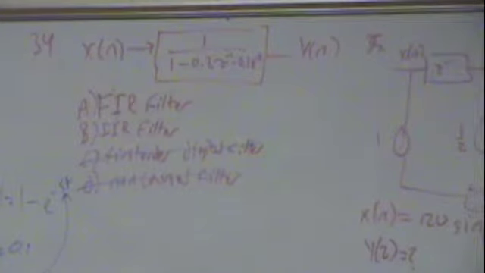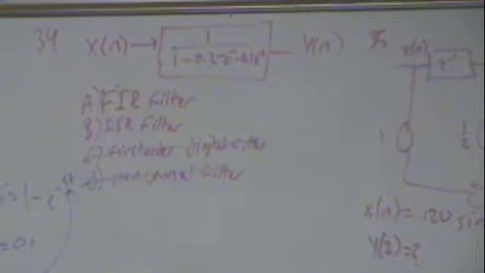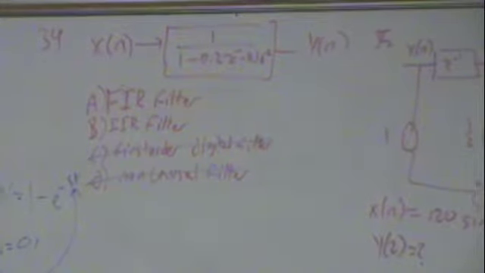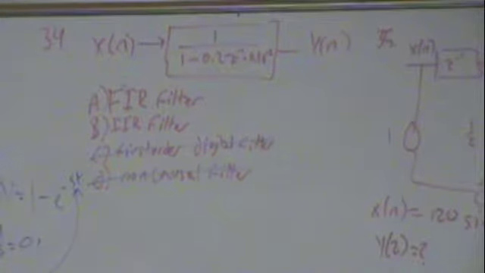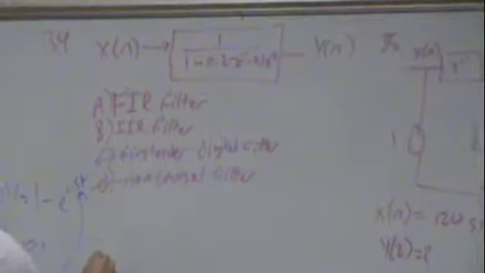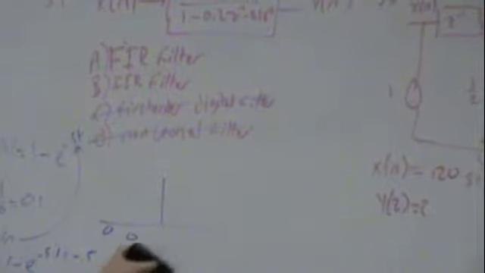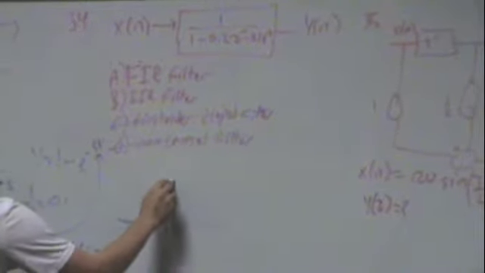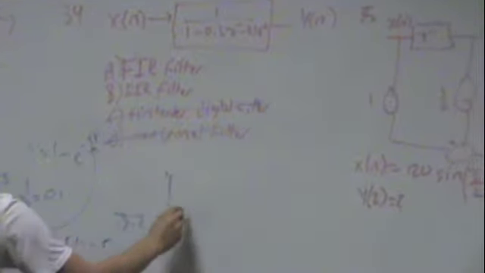So what we need to know is what happens when you plug in an impulse function. We're going to make x of n equal to an impulse function, which, as you guys remember, is shown by the graph where at every negative value it's 0, at 0 it's 1, and at every positive value it's 0.